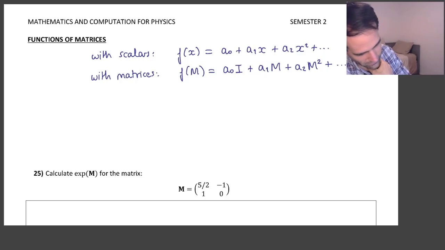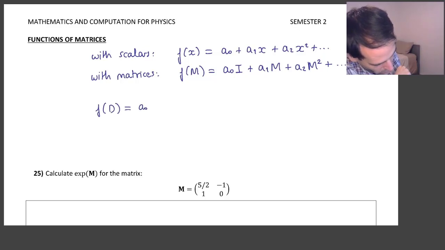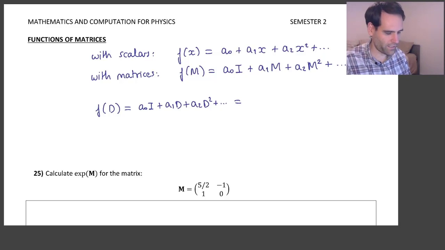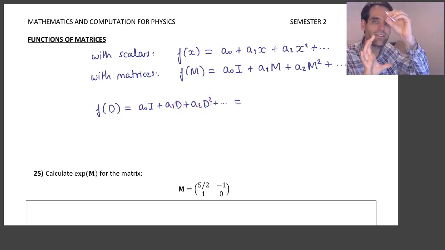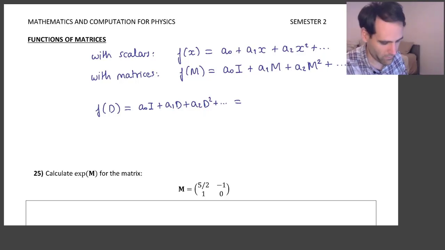However, if a matrix is diagonal, then for f of a diagonal matrix, you can just apply A0 times I plus A1 times D plus A2 times D squared. But this time, the powers of D are simply the elements of the diagonal raised to that power.